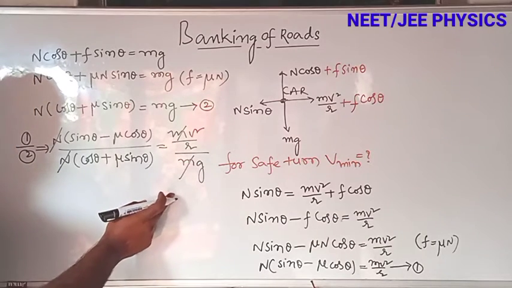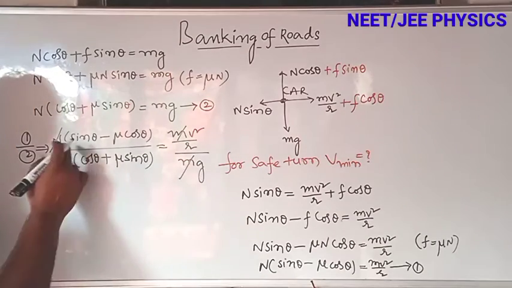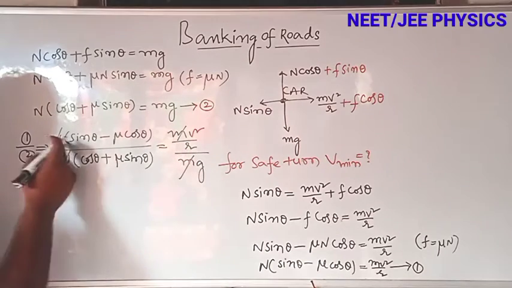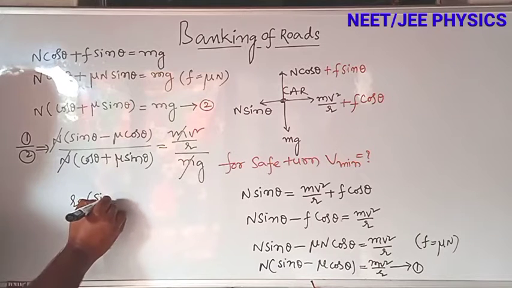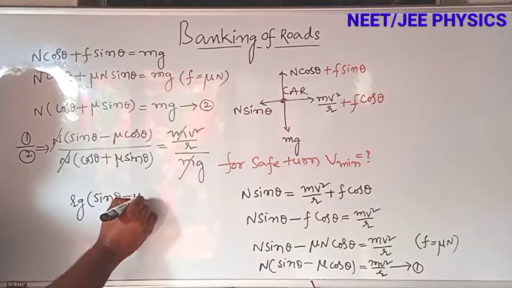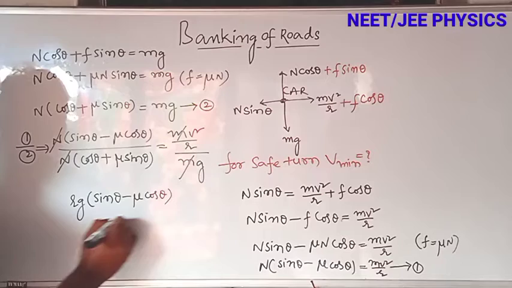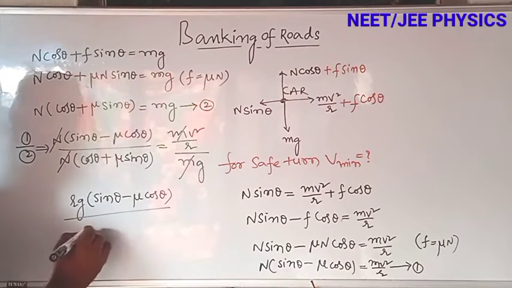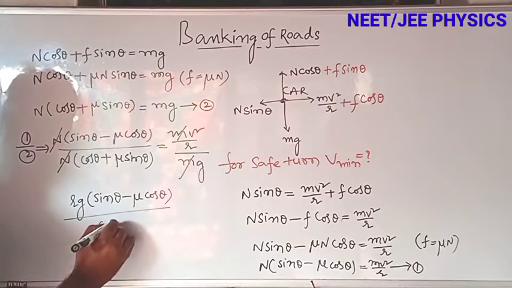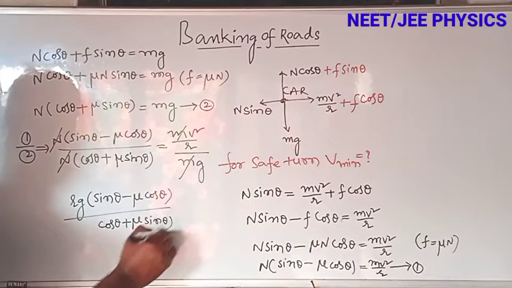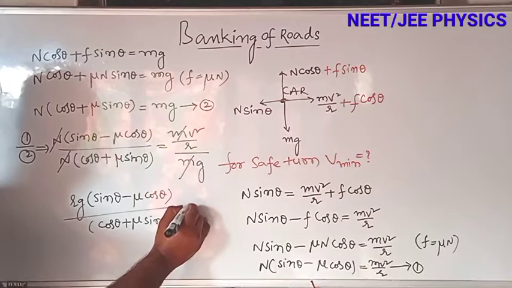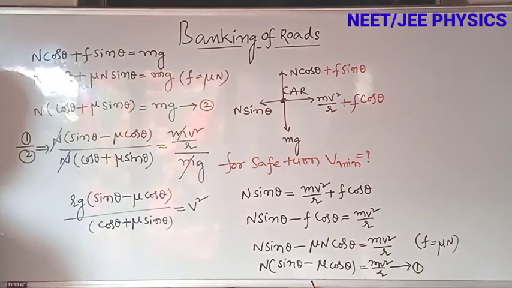Now moving rg to that side, you get V maximum. Rg into sin theta minus mu cos theta upon cos theta plus mu sin theta equals V square.